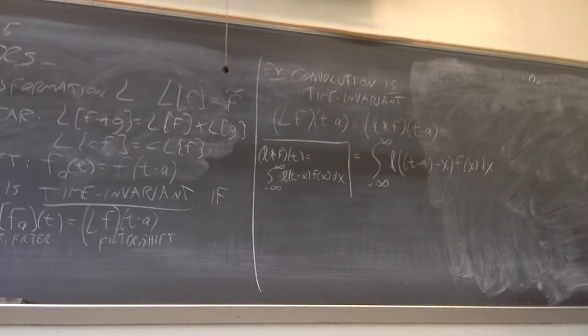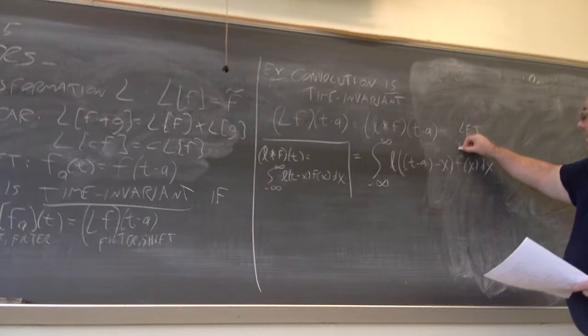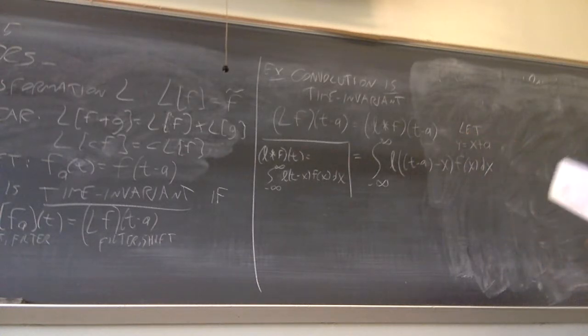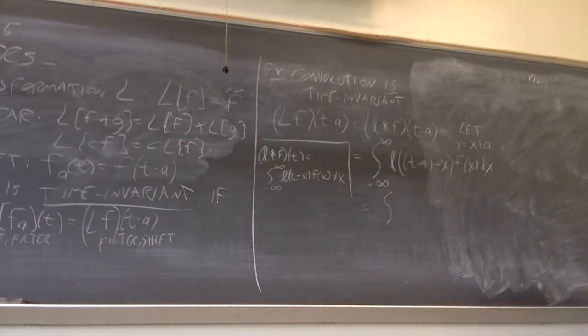So then what I can do is make a u substitution. Let y be equal to x plus a. So that's just a shift. So dx and dy are the same, and we're integrating on the entire real line. So we make a shift, we're still integrating on the entire real line.